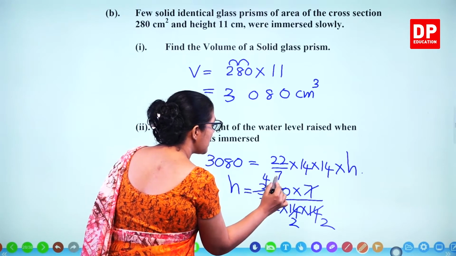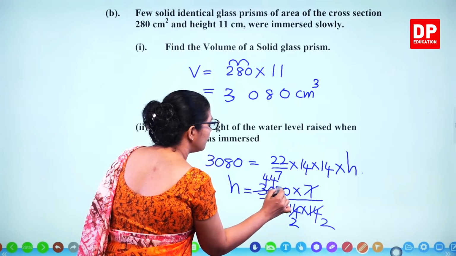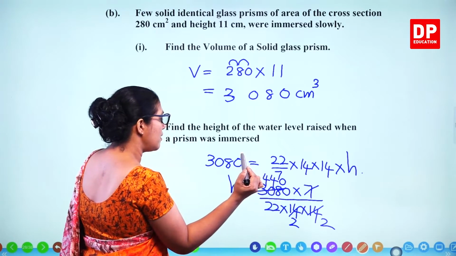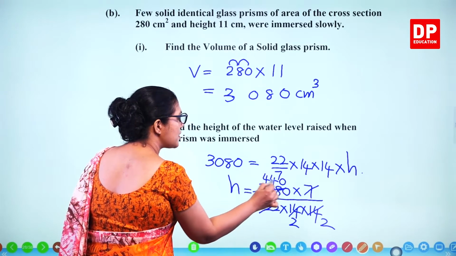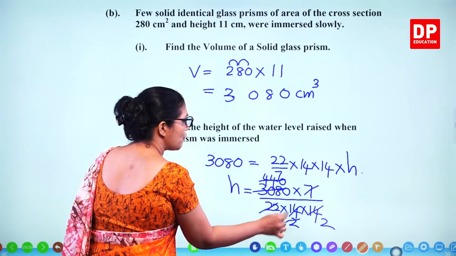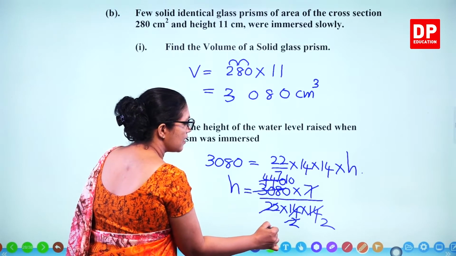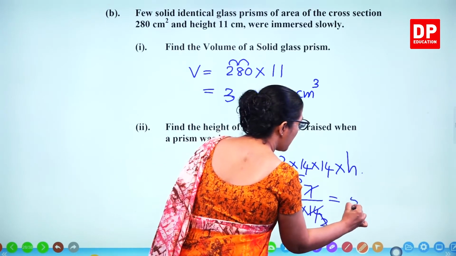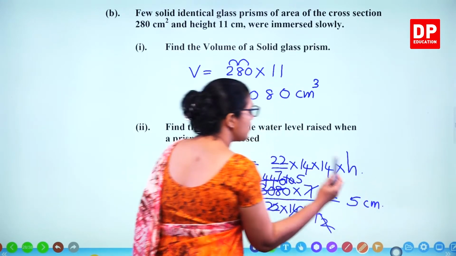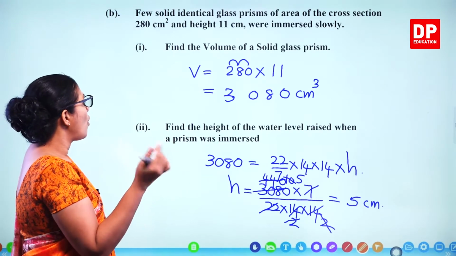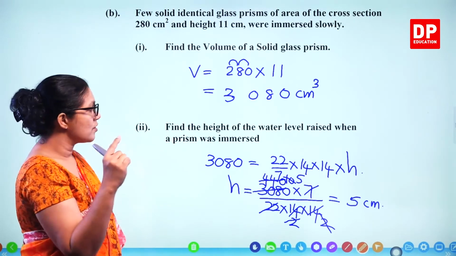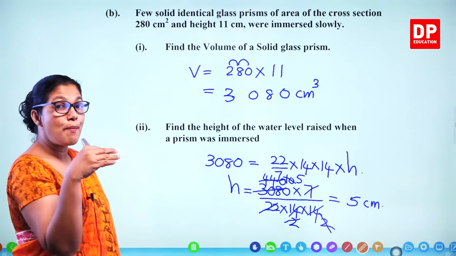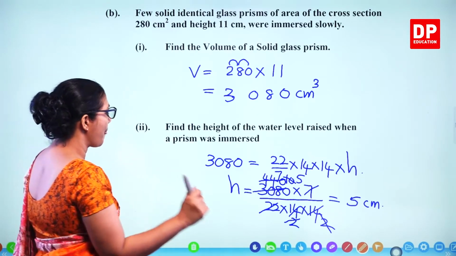For 28 again, 7 times 4, 440. 22 times, here 244, this is 10. Then 2 times this 10, you get 5 centimeters. So the increased amount of water level is just 5 centimeters when you immerse one prism.